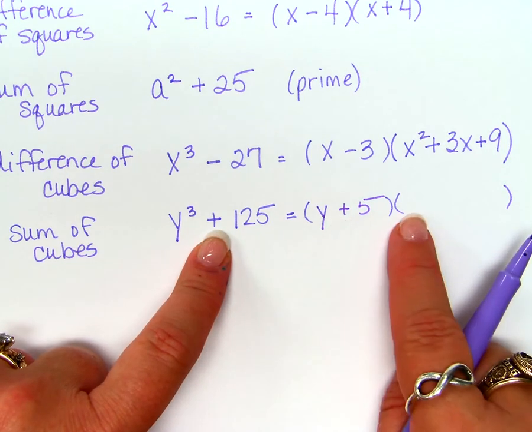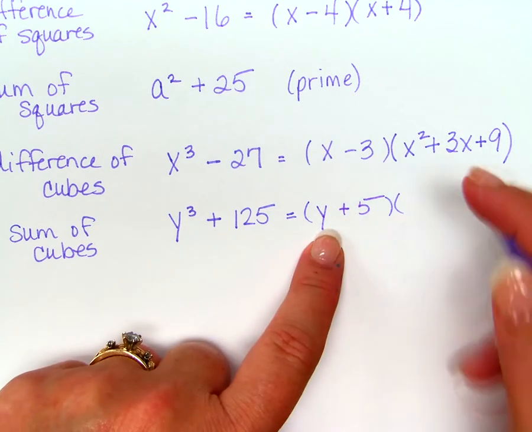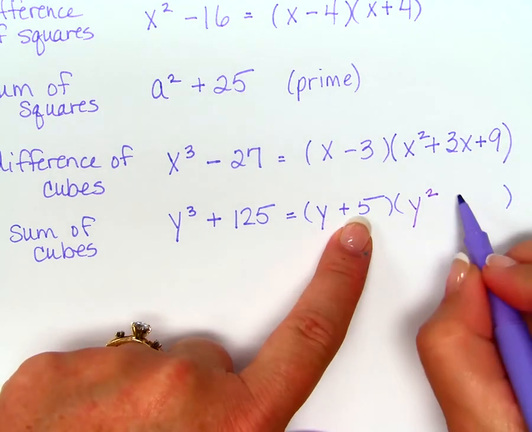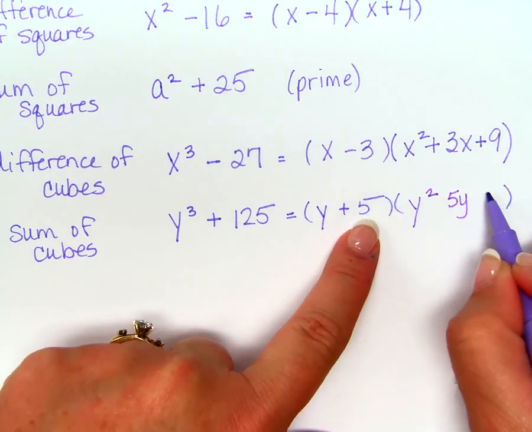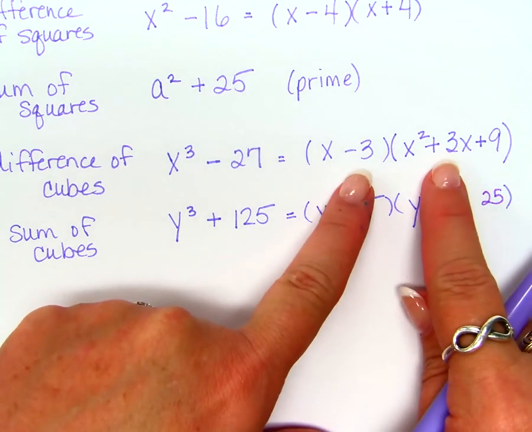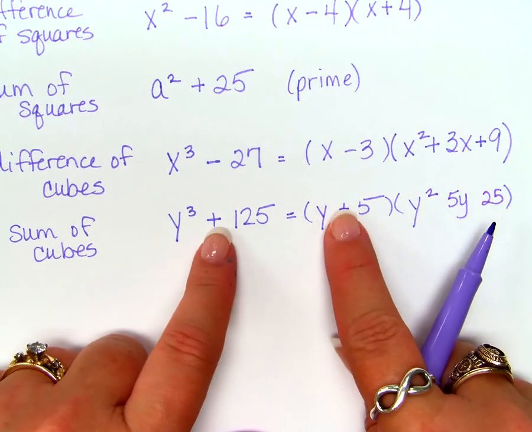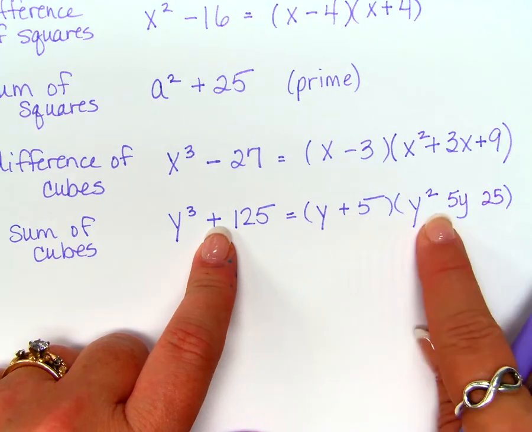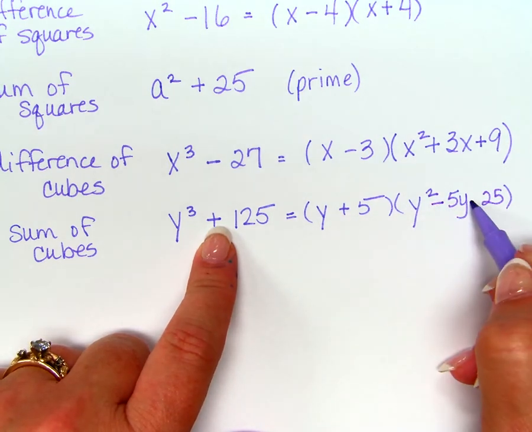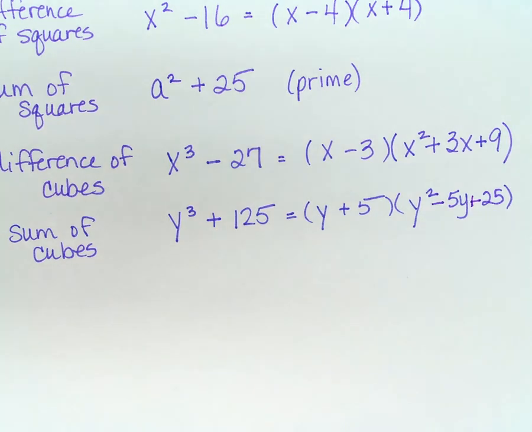In the trinomial, it's the first term squared, then the first times the second, then the second squared. The pattern is the same as this up here. The first sign is the sign in the problem. The next sign is opposite. The last sign is always plus. Okay? Remember that?